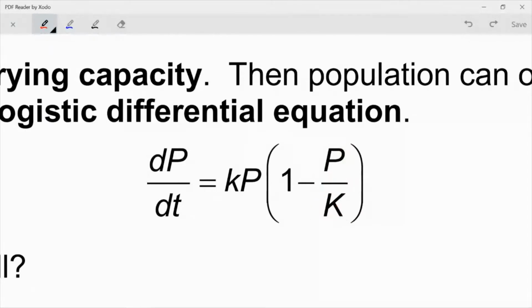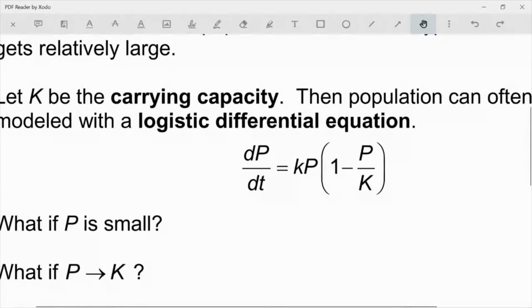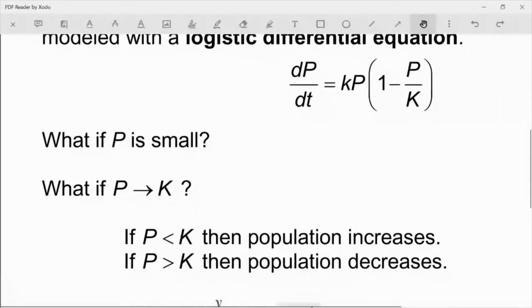But as the population gets larger and larger, the value that we're multiplying by k times p is going to get smaller and smaller, because as population approaches carrying capacity, p divided by K gets closer and closer to 1. If we were exactly at the carrying capacity, our rate of growth would be 0. That would mean we had reached the equilibrium point.